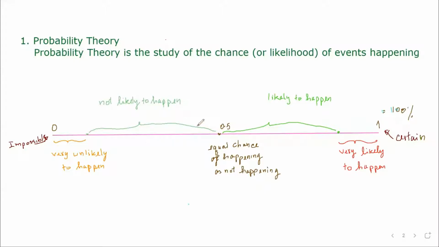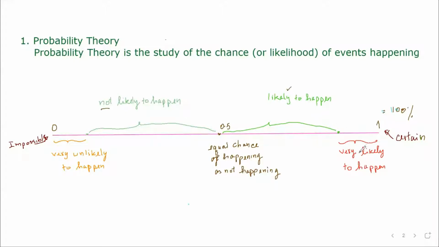And from the left, the green color here, the percentage can be up to 75, 85, or 90, depending. If you are close to this section on the left, close to 0, we say not likely to happen. When you are close to the right-hand side, close to 100% or 1, we call this likely to happen.